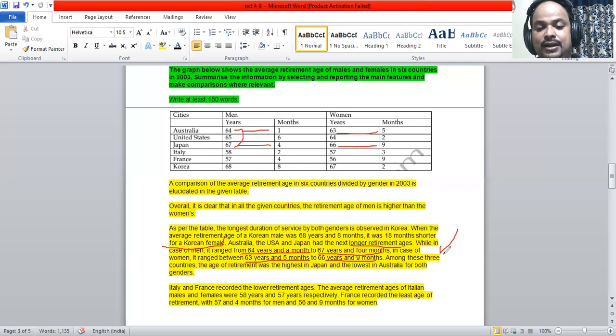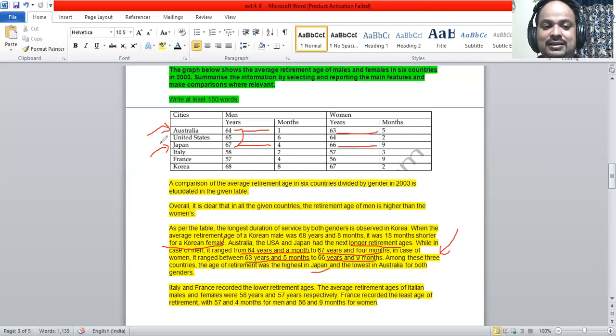Among these three countries, Australia, USA, and Japan, the age of retirement was the highest in Japan. You can say the highest in Japan and the lowest in Australia for both genders. So highest in Japan and lowest in Australia.